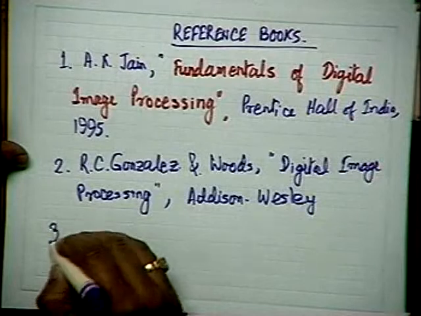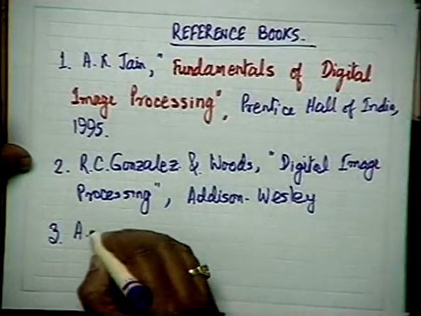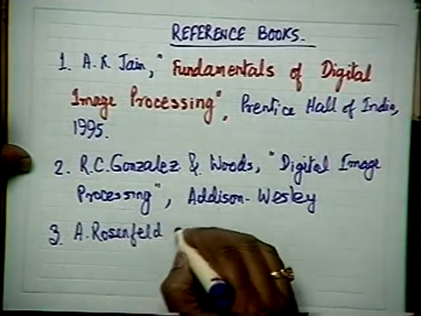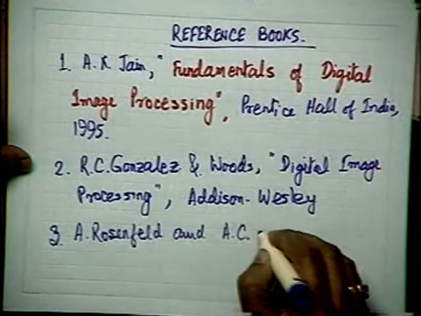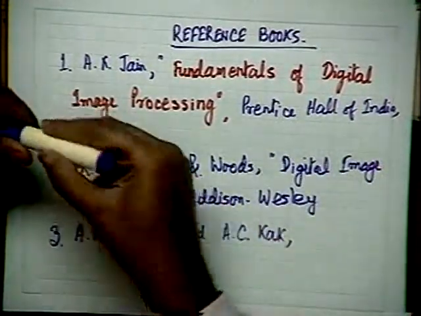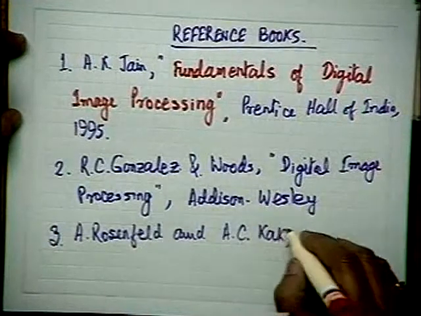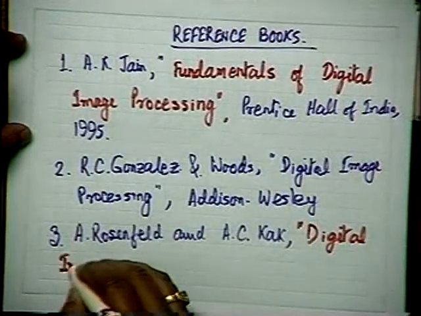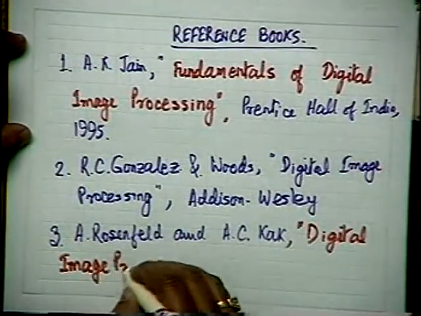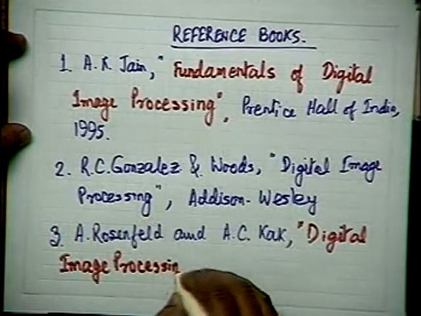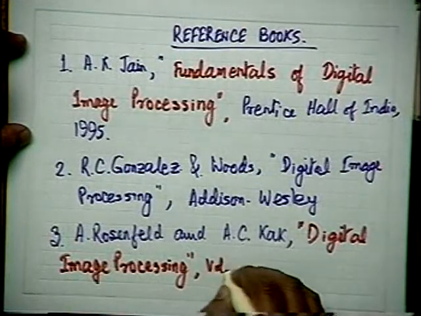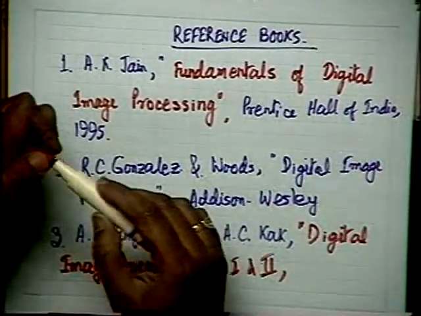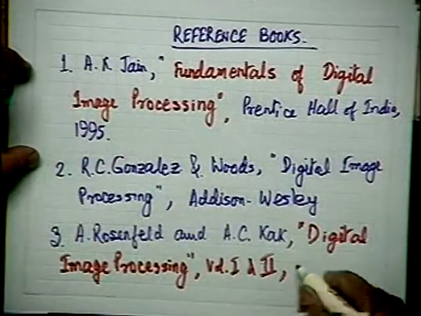Then another very important book is by A. Rosenfeld and A.C. Kak. The name of that book is Digital Image Processing, and it appears in 2 volumes, volume 1 and 2, and this happens to be an Academic Press publication.